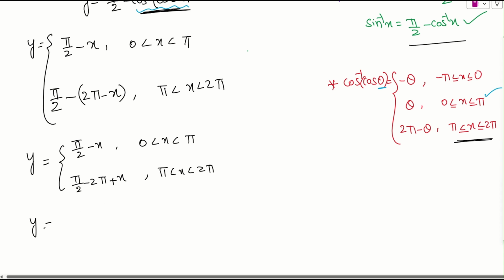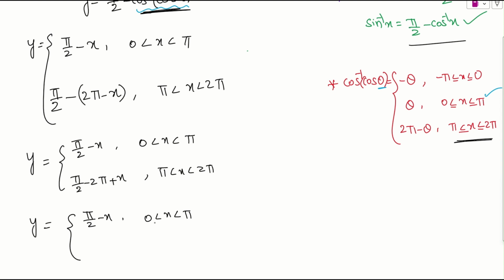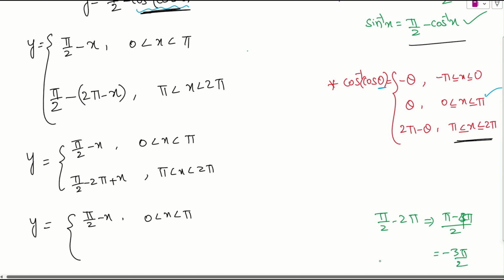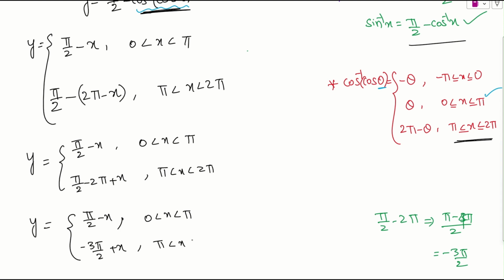Pi by 2 minus 2 pi, if I do the LCM, is pi minus 4 pi by 2, which is nothing but minus 3 pi by 2. So I can simply substitute: this will be minus 3 pi by 2 plus x, when x lies between pi to 2 pi. Is it okay? Yeah.